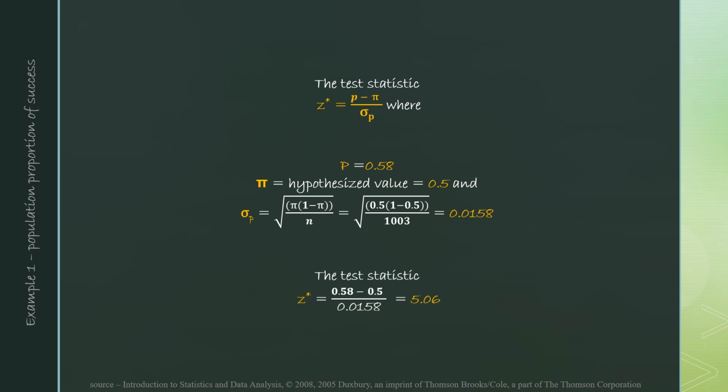Therefore, the test statistic Z star equals 0.58 minus 0.5 divided by 0.0158, which equals 5.06.